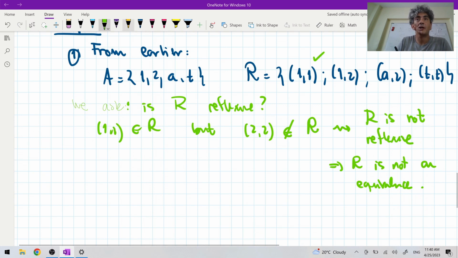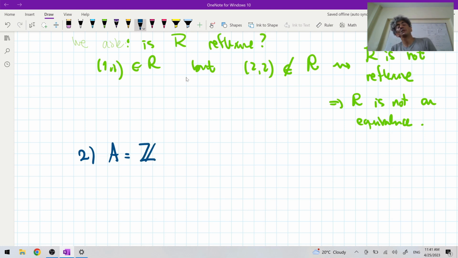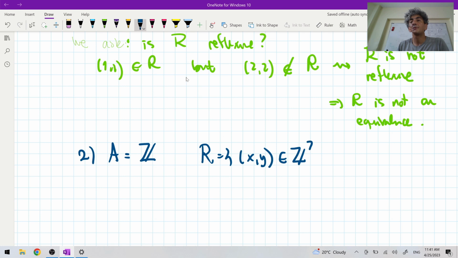Let's try this time the integers Z, and let's define R as the pairs x and y belonging to Z squared, such that y minus x is greater or equal to 0, right?